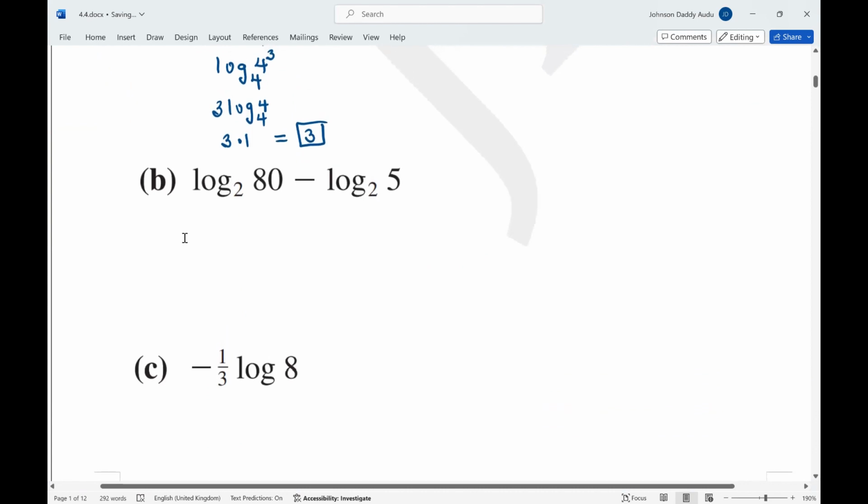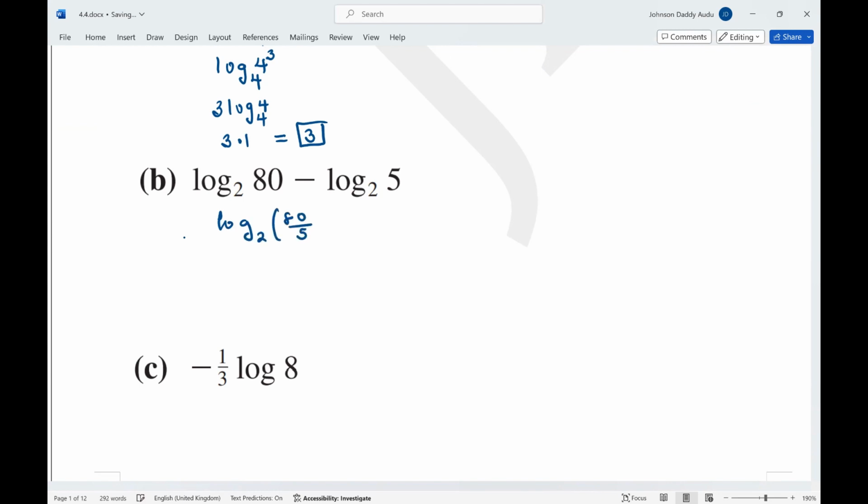So for this one, this is subtraction, so we can change it to division. And this will be log to base 2 of what? So log to base 2 of 16, right?